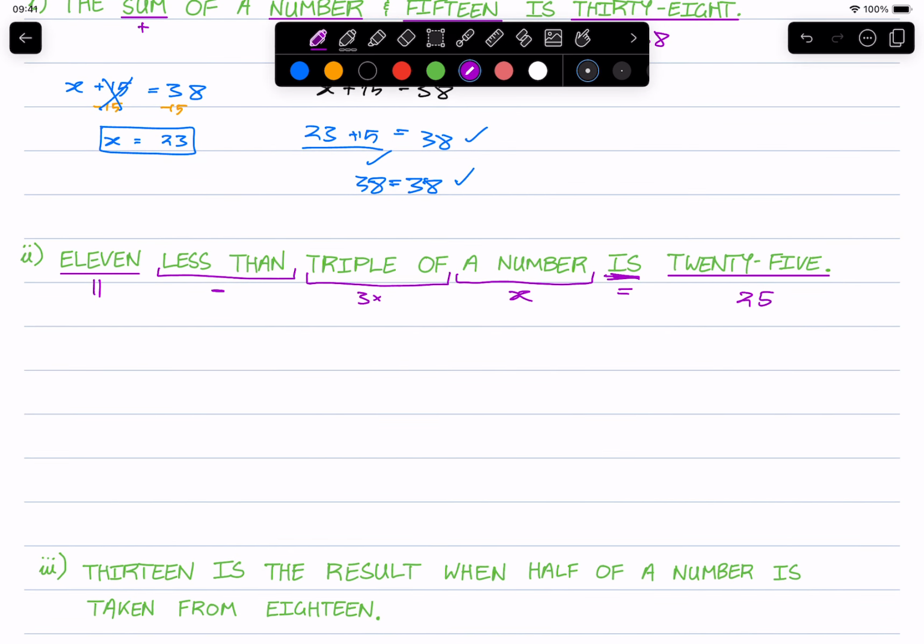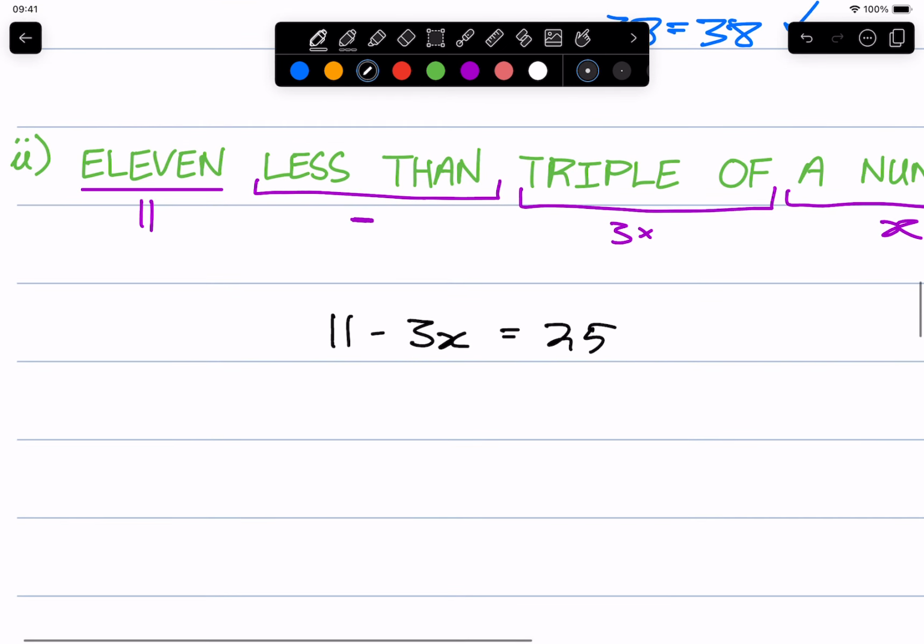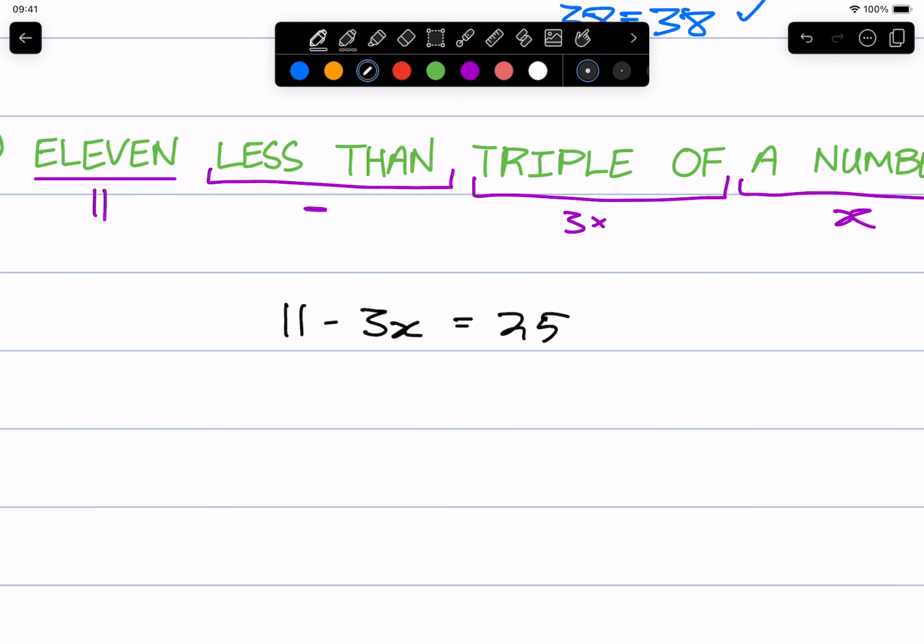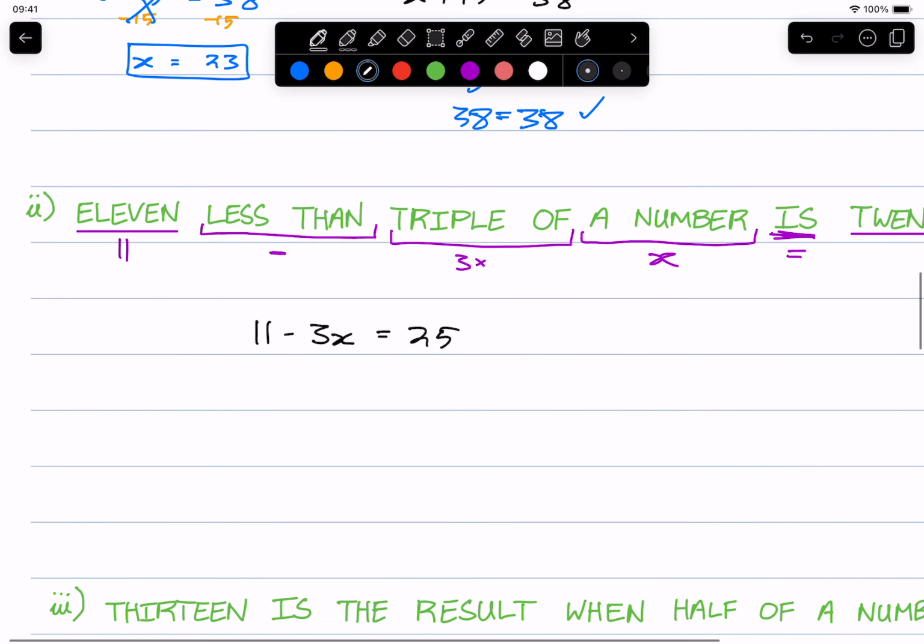Now, it seems a little unfair because I've arranged it where it's like 11 take away 3 times x equals 25. Now, it feels very much the case that we just simply line this up. 3 times x, I hope you can remember, is 3x equals 25.